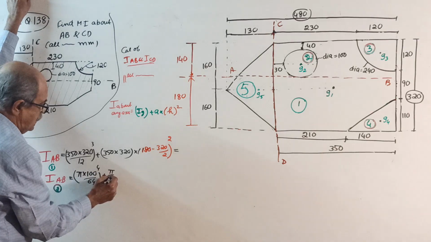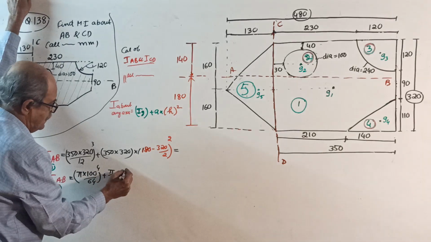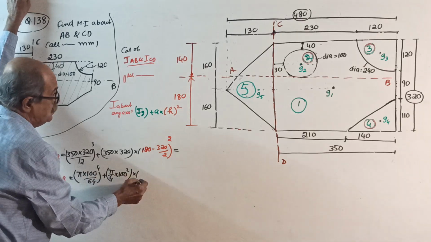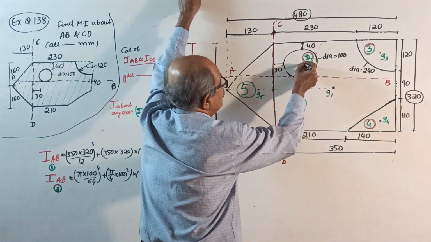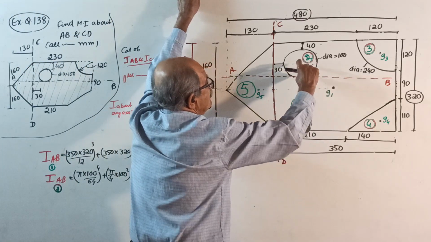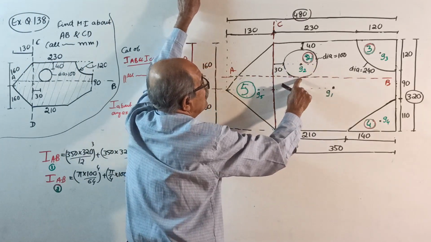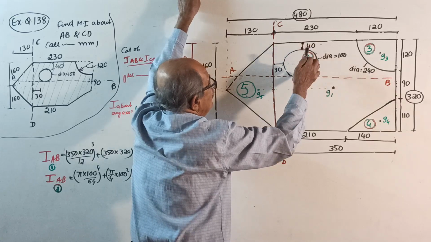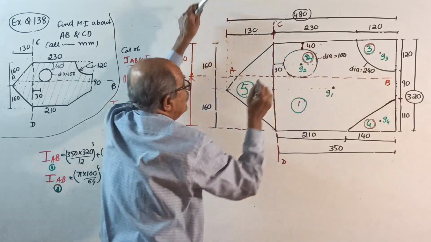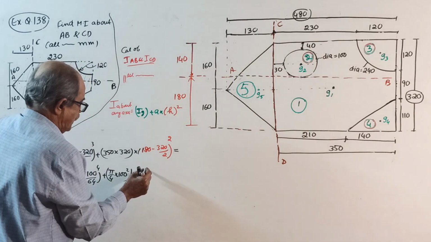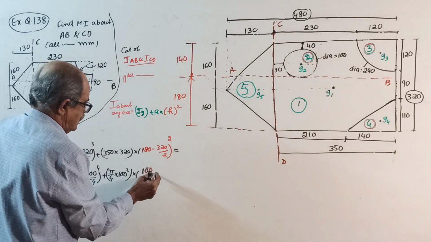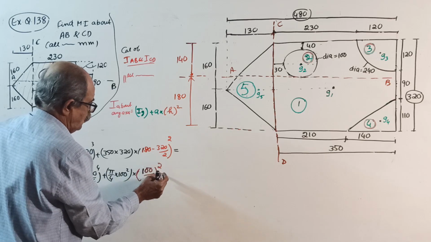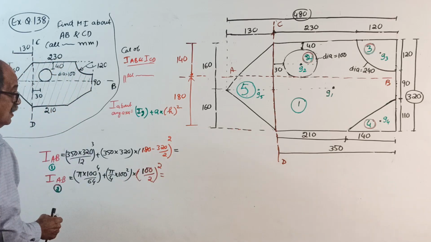Area is pi by 4 of 100 square, into the distance from the centroid of the circle to AB. This is touching the bottom edge. When the diameter is 100, this distance is 100 by 2 directly. 100 by 2 whole square. Calculate this answer.